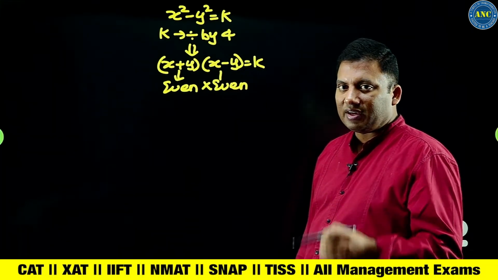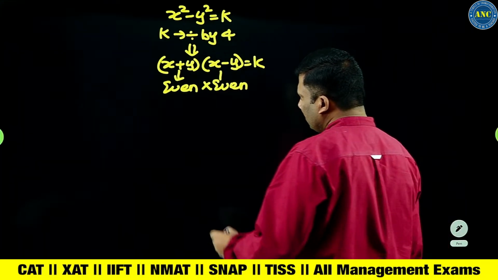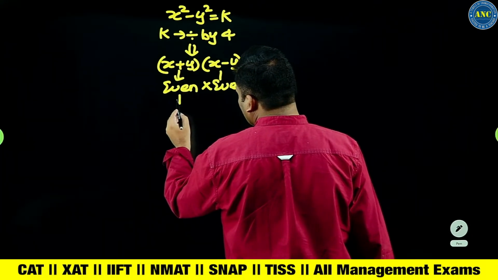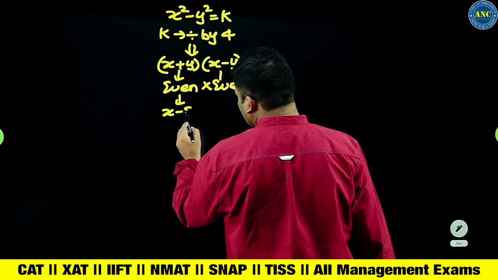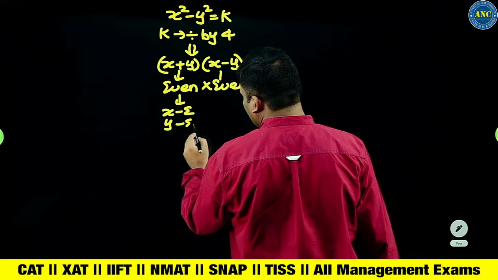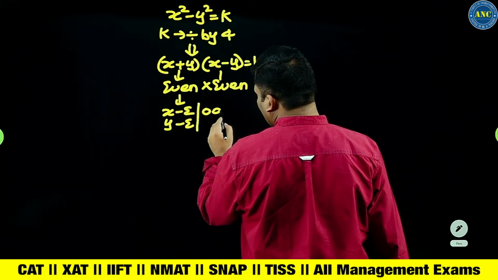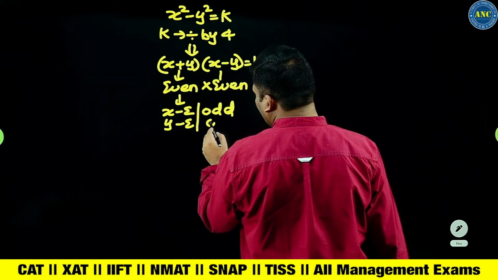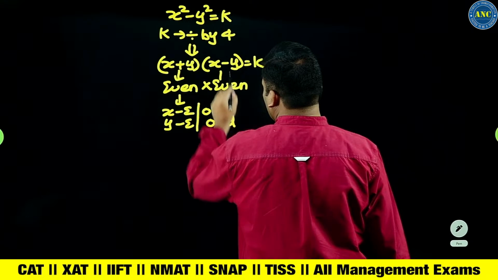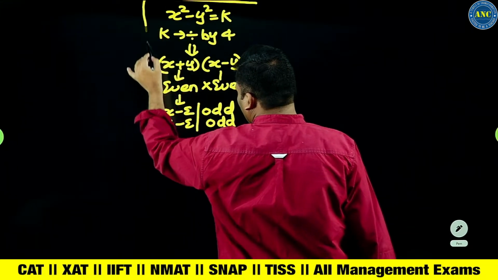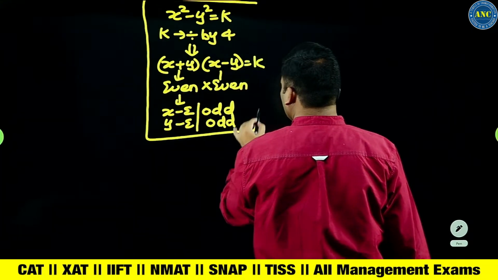Even into even is divisible by 4. Are you all with me? When will this happen? When x is even and y is even, or when x is odd and y is odd. This is the concept. Just one more step and you will get the answer.